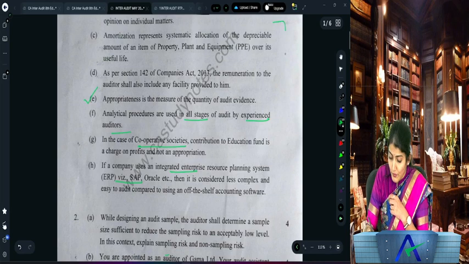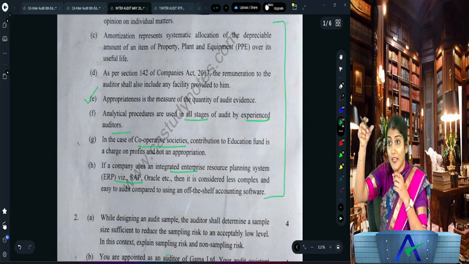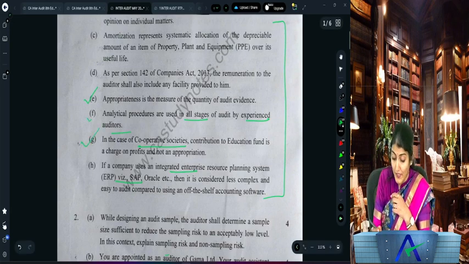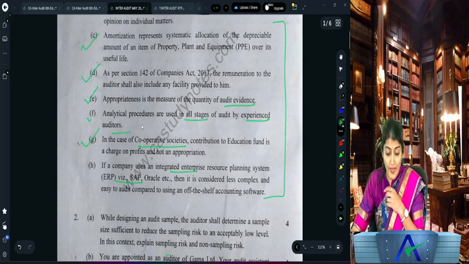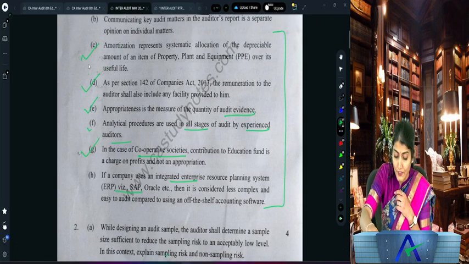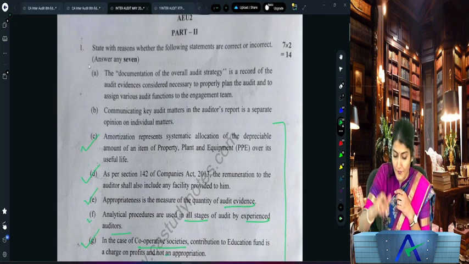If you look at the correct and incorrect statements, so many different chapters have they asked the question from: analytical procedures, cooperative society, audit evidence, company law, the useful life of the asset, then the audit report, that is the key audit matter. So many different varieties of questions were asked over there.